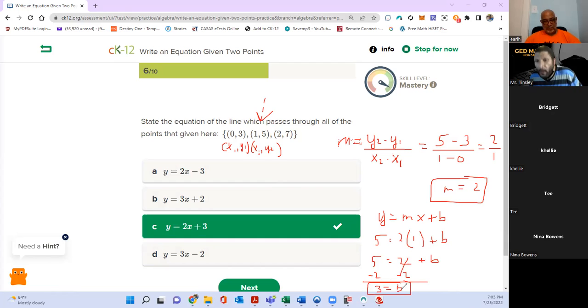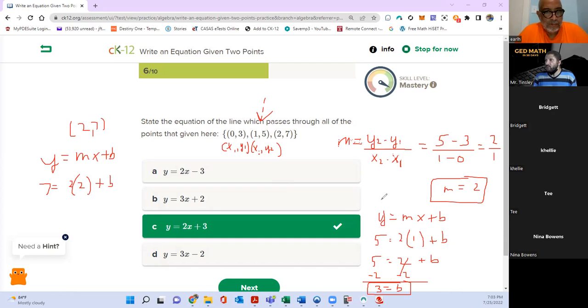Guess what? I'm going to use the third point, because what I want to show you is it does not matter what point you use. Y equals mx plus b. Y is 7. My slope is 2. My x is 2 plus b. So I'm using this point 2, 7. Here I used 1, 5.